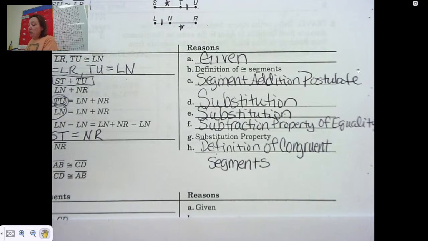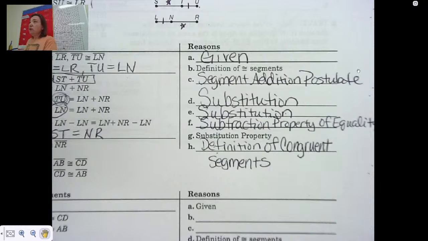I need you to hang on to 2.7 and 2.8. Tomorrow's Thursday, and we're going to look at 2.8. I'm going to give you Friday as a work day. You'll be able to work on 2.7, 2.8, anything else that you've got missing. We are looking at a test on Tuesday. We'll do a study guide on Monday and a test on Tuesday.